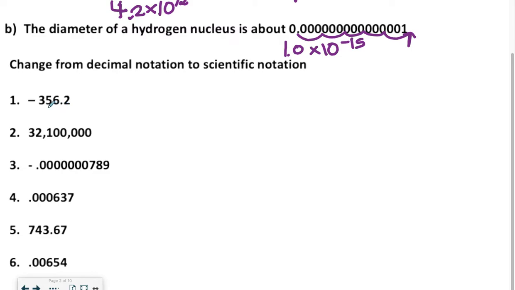We're going to start with the first example together. Again, my decimal's here, and I want it to land in between the 3 and the 5. So I'm going to move 1, 2 to the left.